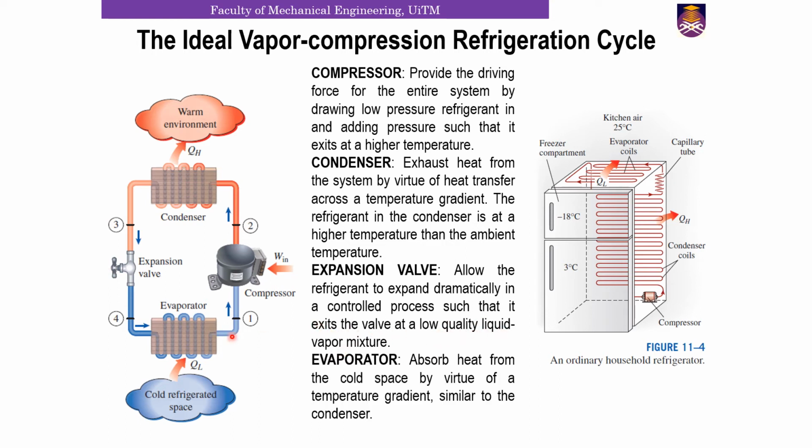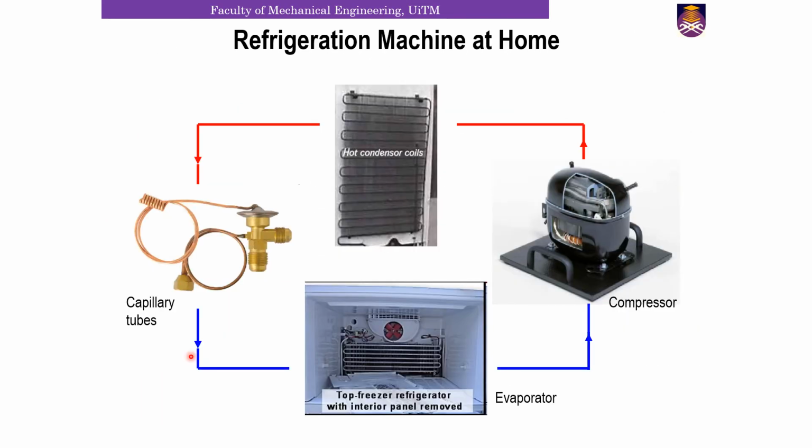And finally you have the evaporator to absorb heat from the cold space by virtue of temperature gradient, because you have this expansion. So this expansion allows you to absorb the heat from the cold refrigerated space. And this is again, as I've shown you, the refrigeration machine at home. So this is where the heat is being absorbed and this is where the heat is being rejected.